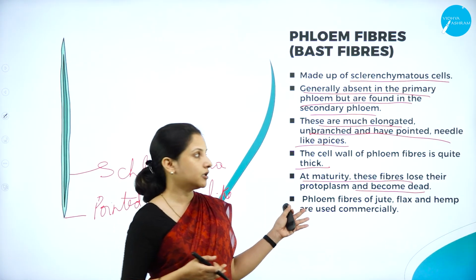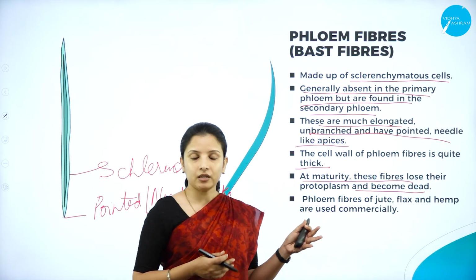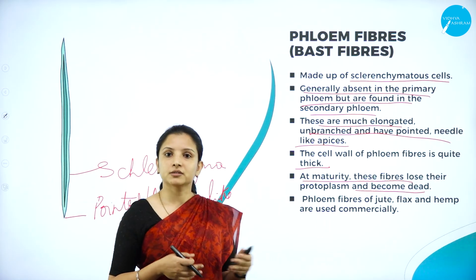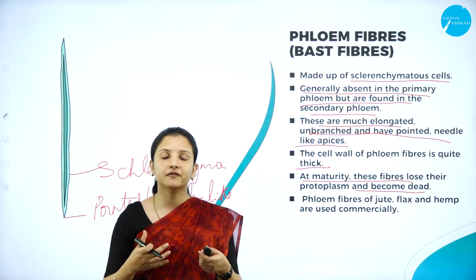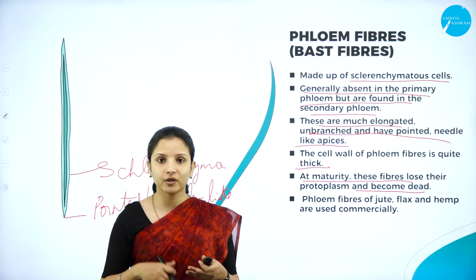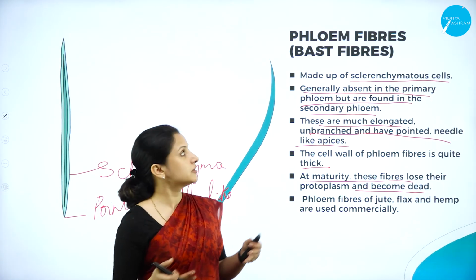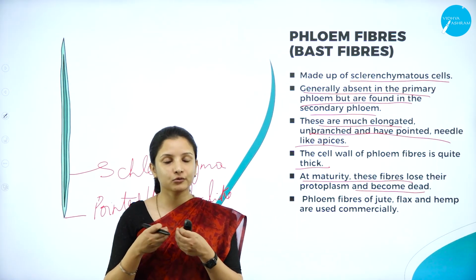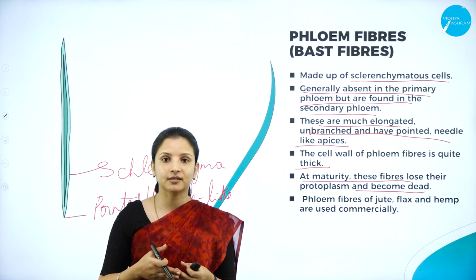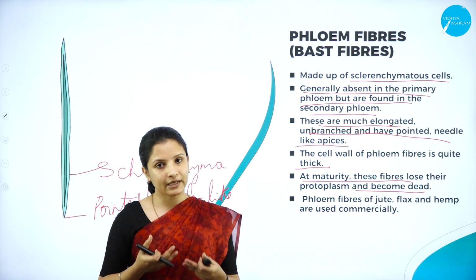Similarly here, at the beginning, the phloem fibers in the primary tissues are usually living, because they have the protoplasm. But eventually, as the phloem fibers mature, they lose the protoplasm present in them, and therefore they become a dead tissue.